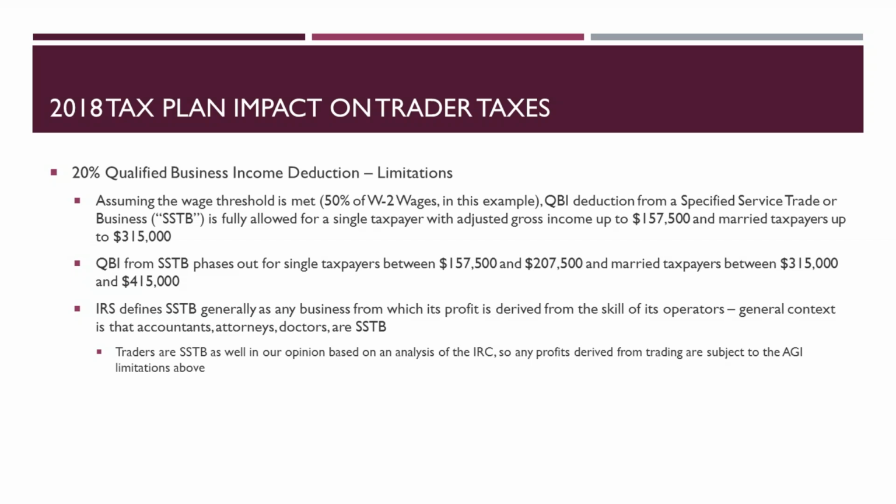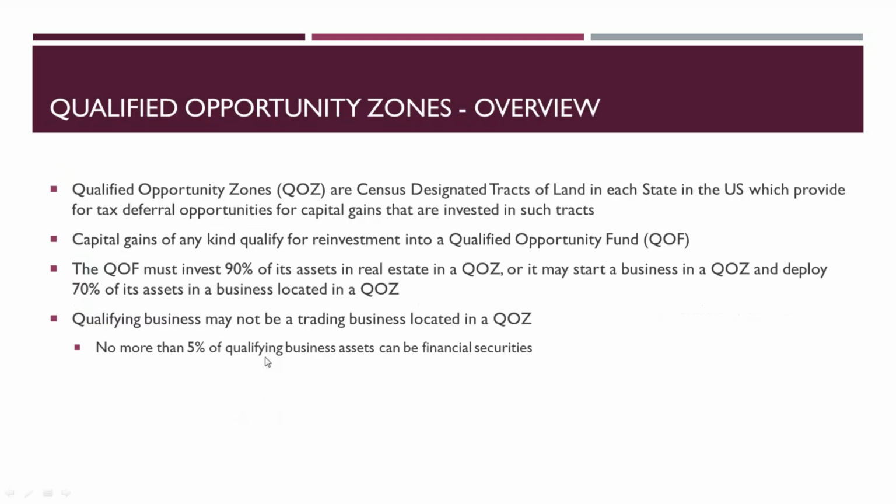Those are the kinds of businesses that even if the owner is generating a $10 million profit per year, arguably they're going to get a 20% break on that entire $10 million. Okay? Just because the money that's made is primarily from labor, not their own labor. It's really just them operating their business, whereas trading profits and professional services are derived from a person's skill and reputation.